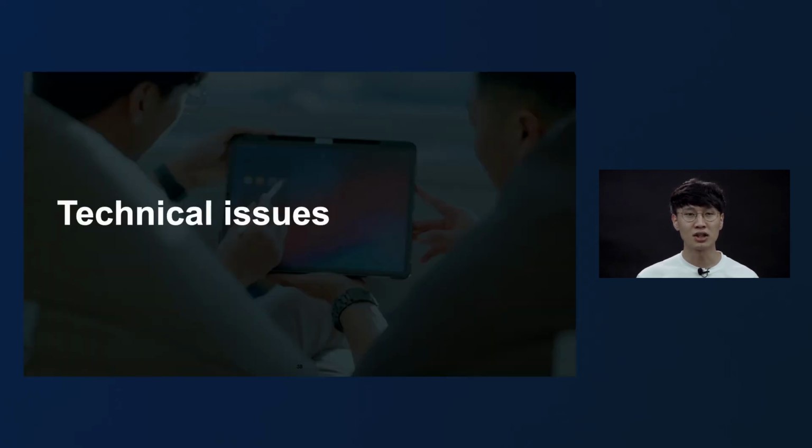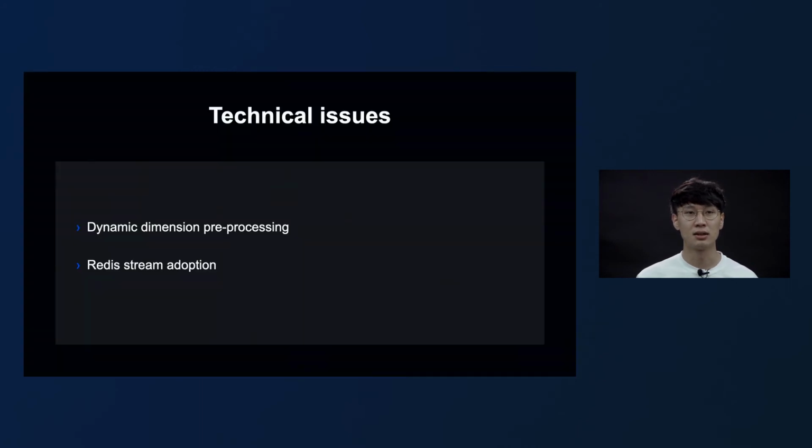There was an explanation about a use case, and now I will talk about the concerns and technical issues that were raised while developing the real-time targeting platform. This chapter largely deals with 2 cases: dynamic dimension processing and Redis stream adoption.